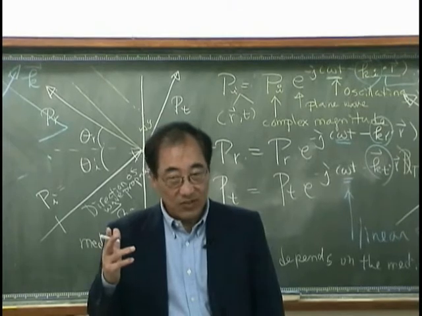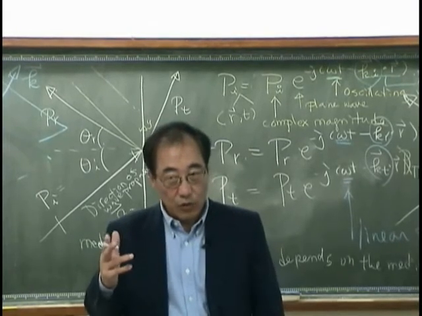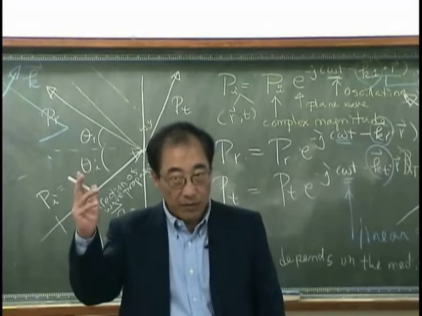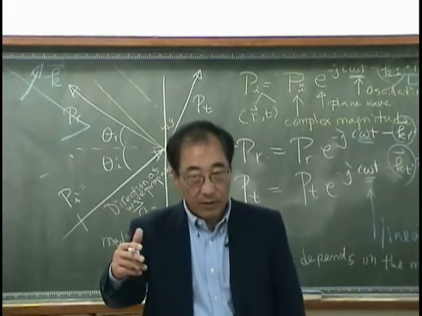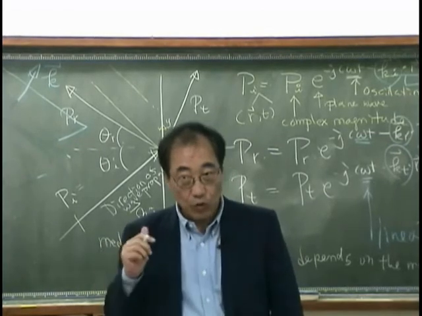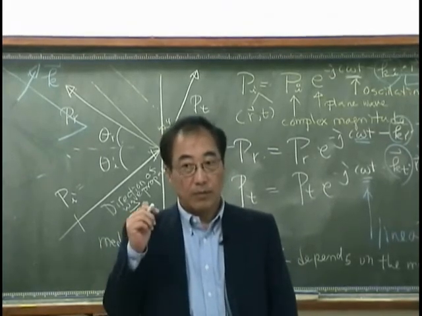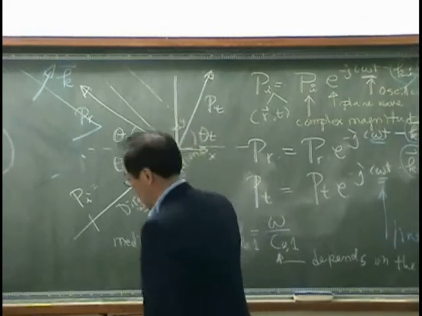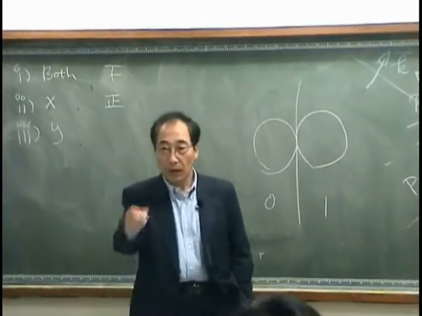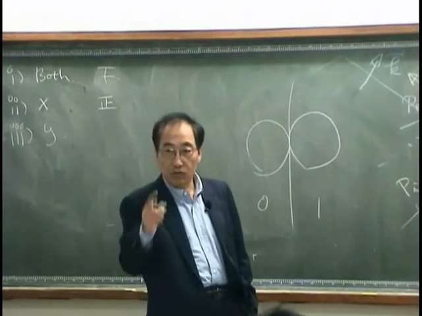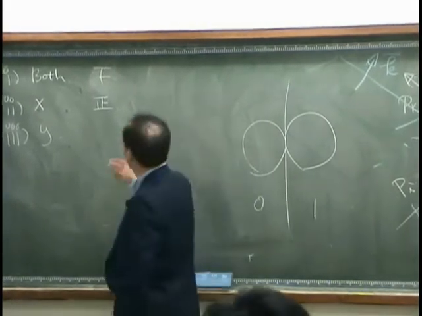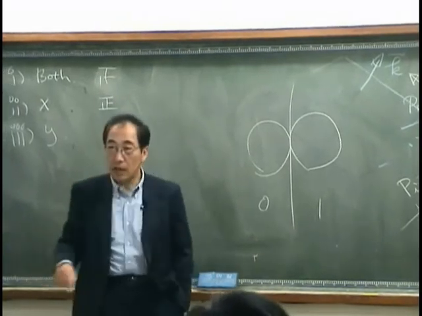Dongsu? Which one did you vote? X. You gave up. Now you say both directions. Both directions. Okay, so we have one more. What about Seju? Both directions. It's increasing now.